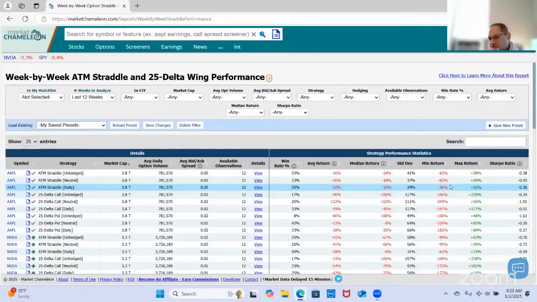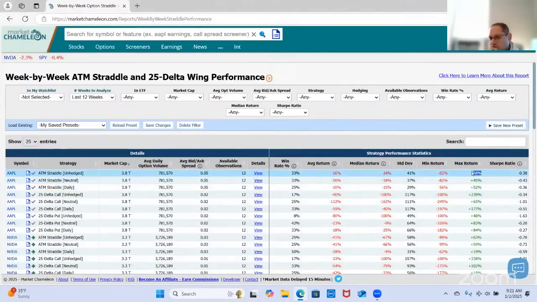That means out of those 12 observations, none of them probably closed right at the strike. Either the call or the put was in the money by somewhat, but didn't cover the full cost or premium of the straddle, and 82% was the worst loss. The best one, the max, was 58%.